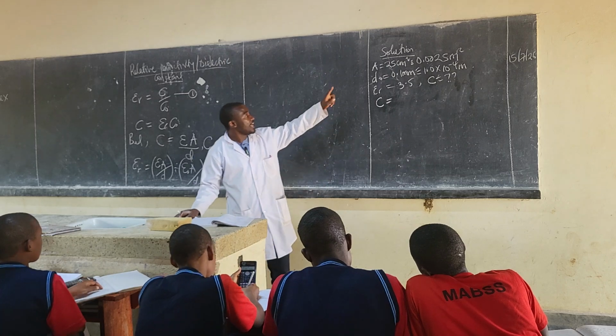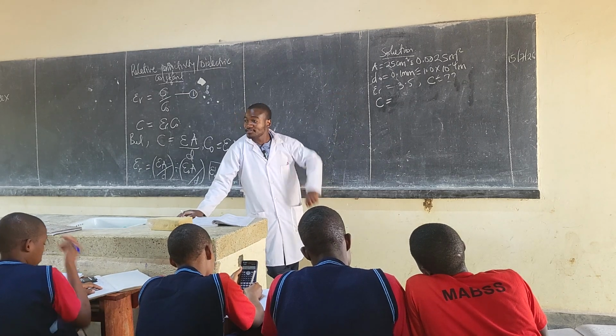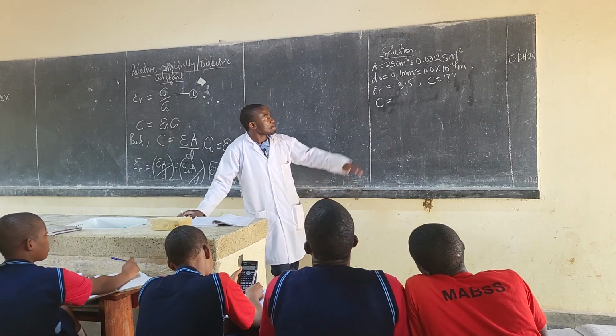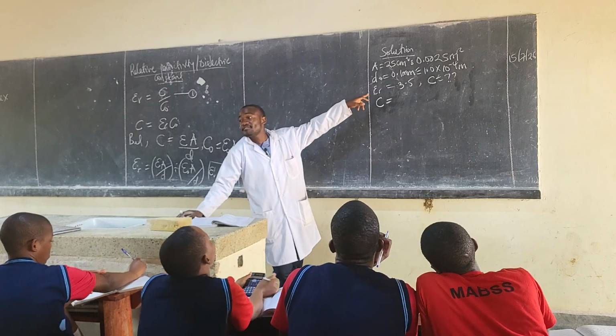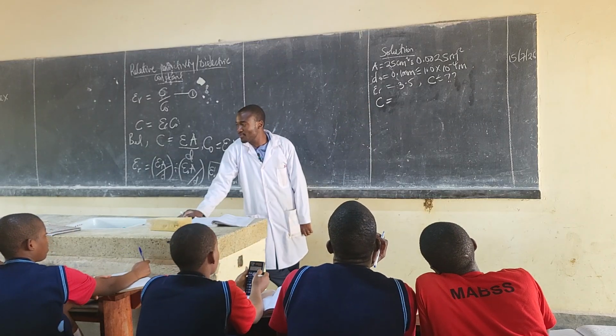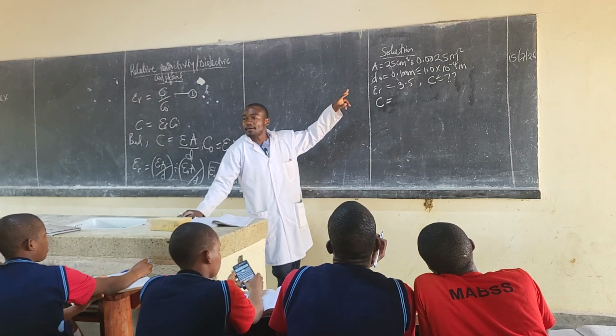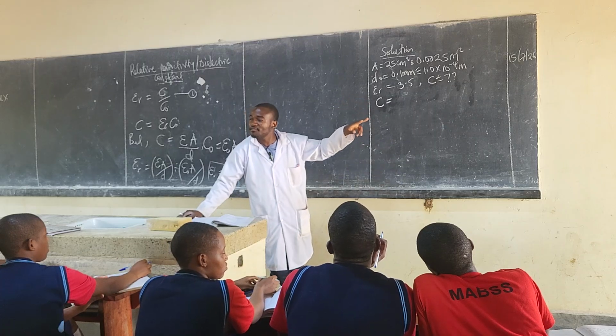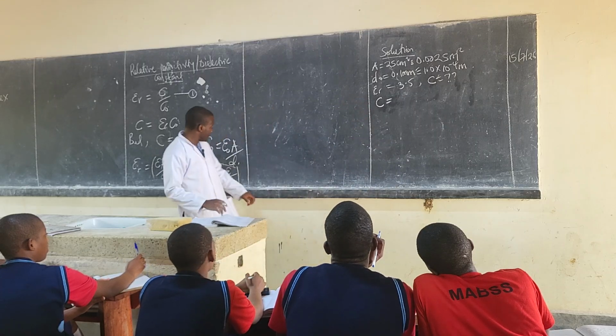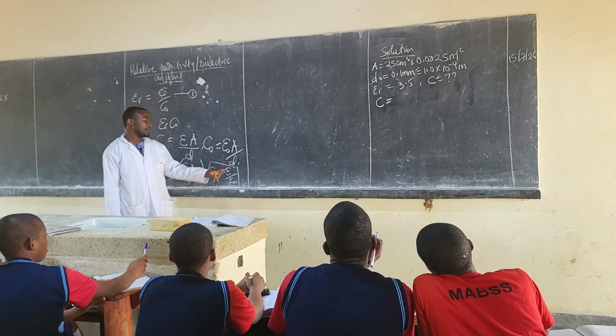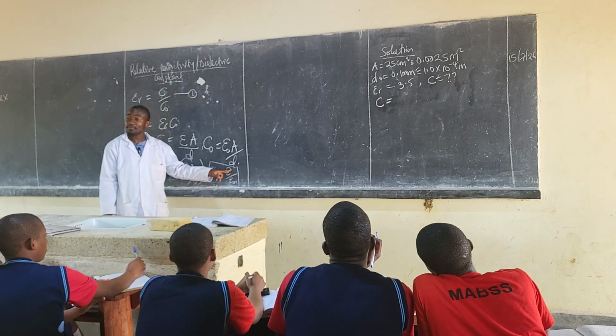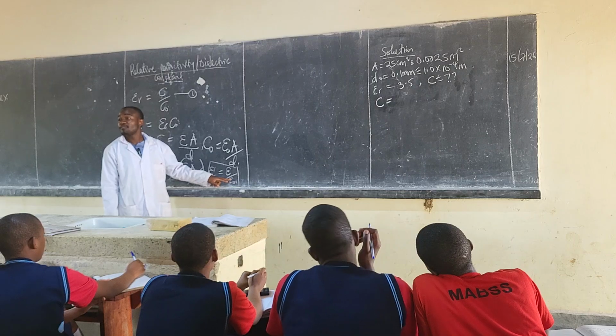If we know the area of the overlap of the plates of the capacitor and the separation plus the relative permittivity, ladies and gentlemen, relative permittivity is not the permittivity of perspex. It is simply the ratio of the permittivity of perspex, for this example, and the permittivity of free space.